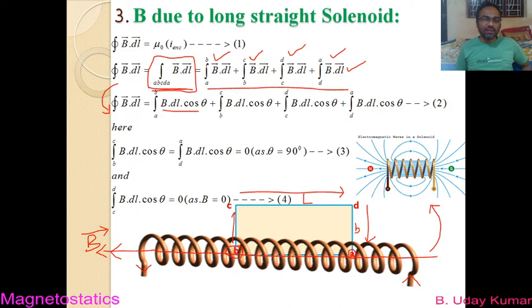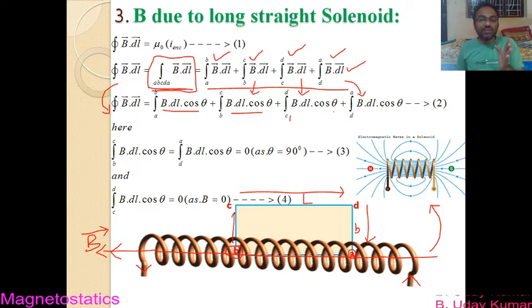But the integration limits are different in each term. So this is integral A to B, B dot dl is B dl cos theta. The next term is integral B to C, B dot dl is B dl cos theta. The third term is integral C to D, B dot dl is B dl cos theta. And the fourth term is integral D to A, B dot dl is B dl cos theta.